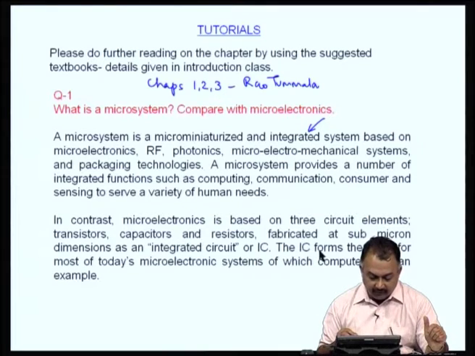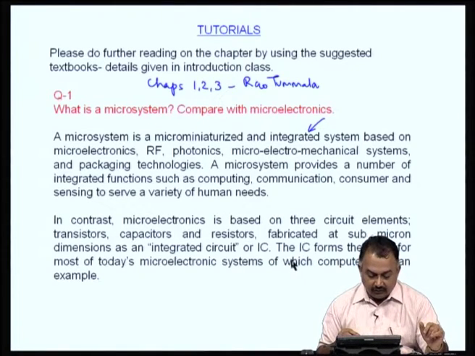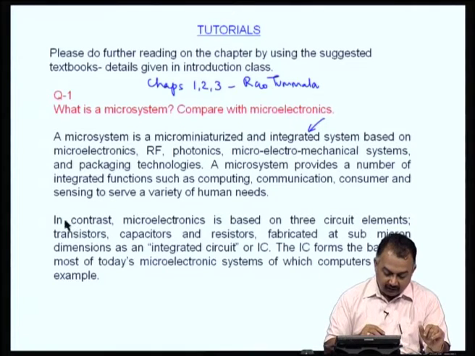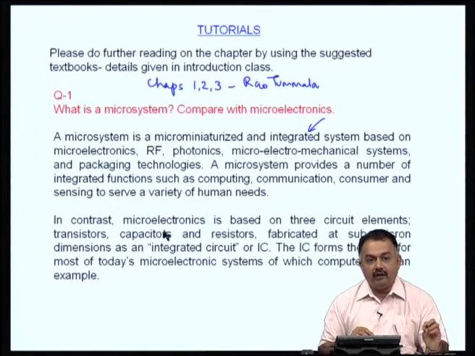The IC forms the basis for most of today's microelectronic systems, of which the computer is a chief example. So, I think you are very clear right now on the difference between microelectronics and a microsystem, right?